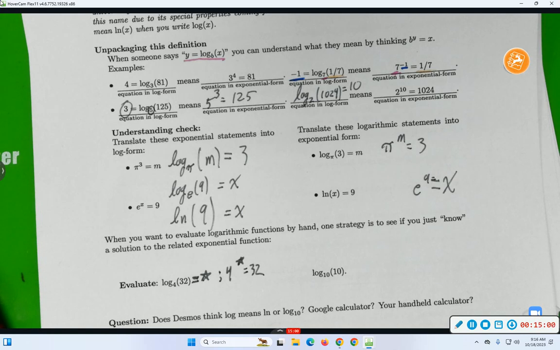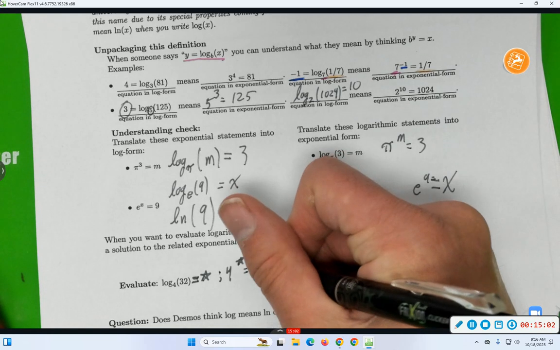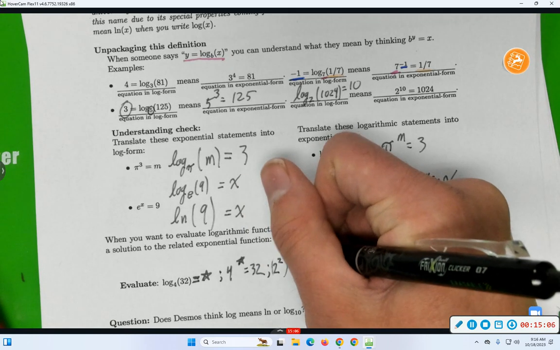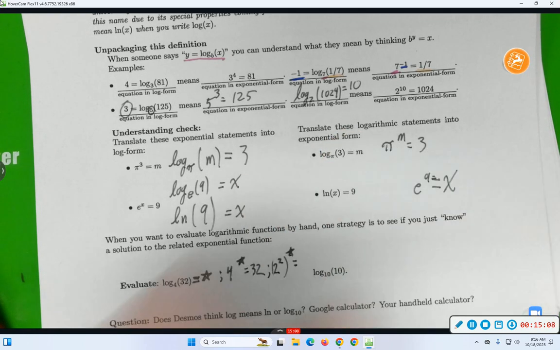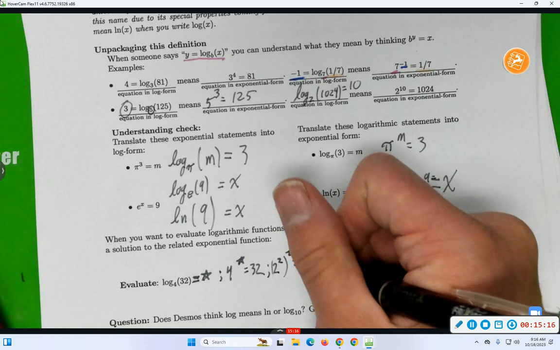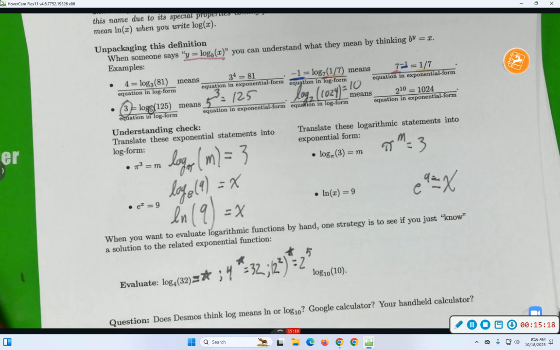2. So on the left-hand side, really I see 2 squared to the star is equal to 32. Is 32 also a power of 2? Yes. What power of 2 is it? 2 to the 5th. Does that look like an equation that we maybe did last time? What was the idea we used to solve that?